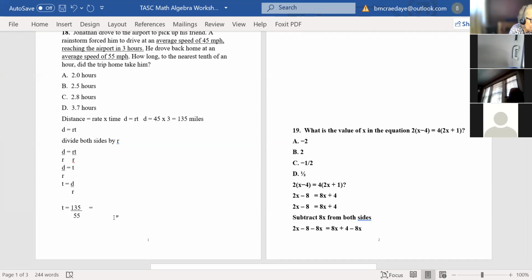So therefore, use my calculator. So what did you get here when you divided this out? 2.45. 2.45. And they said to the nearest tenth, so that rounds to what? 2.5. That's right.